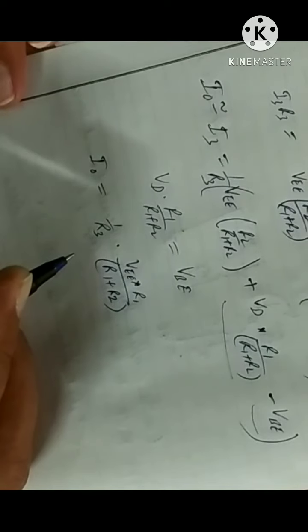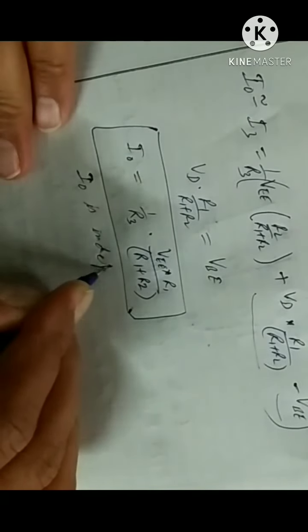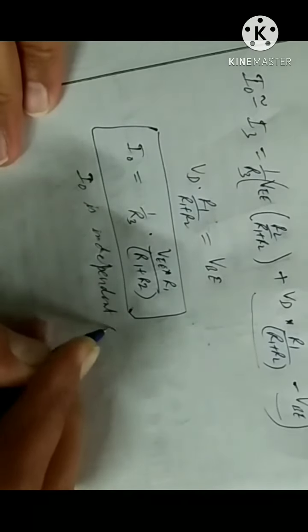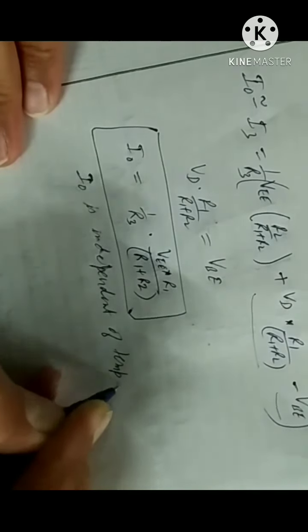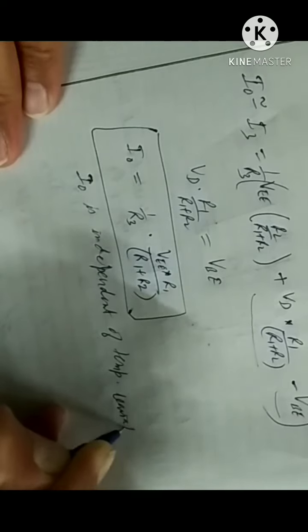As you can see, IO is independent of temperature variations also. How?